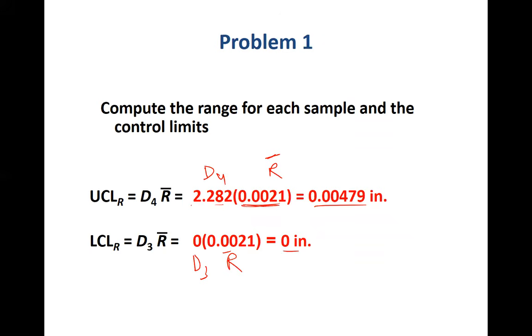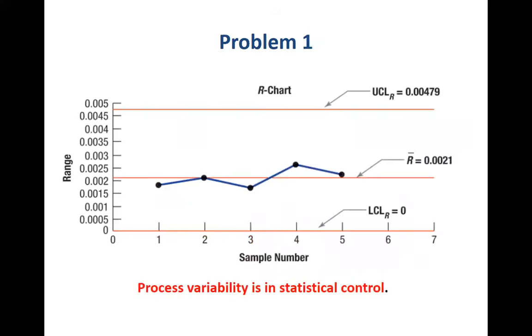That then tells you what the upper control limit and lower control limit for the R chart are. Once you have those values, you use them to construct your R chart, and this is your R chart. Within the R chart, you find your R bar, which is the average of all the ranges, also obtained from the previous table here.